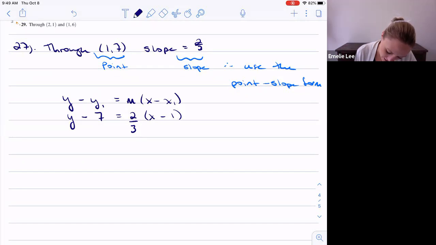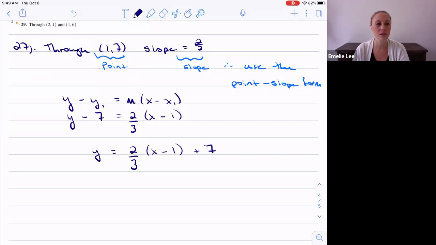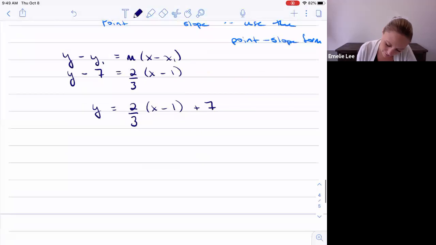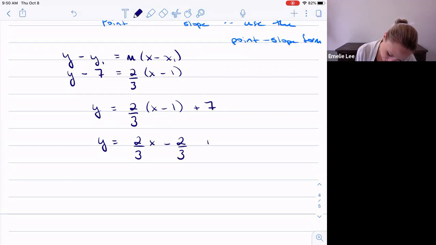So we get y is 2/3 times x minus 1 plus 7. This 2/3 is multiplying x minus 1, so I'm allowed to multiply it in to get rid of these brackets. So we get 2/3x minus 2/3 and then plus 7.